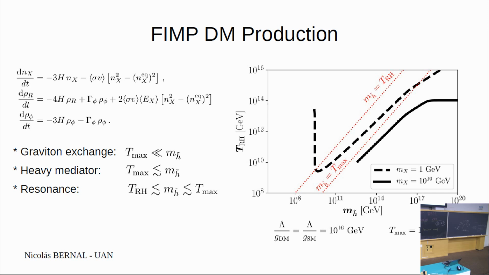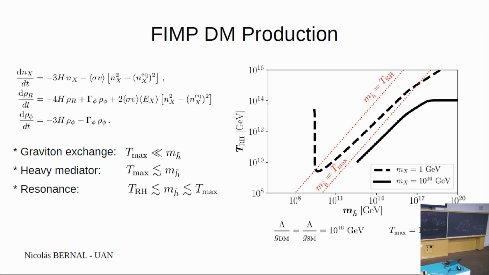So one thing that I want to tell you first is that I'm stopping this line here because this corresponds to the case where the mass of the dark matter is equal to the heating temperature, and if the mass of the dark matter is smaller than T reheating, you cannot produce the dark matter out of the thermal bath.